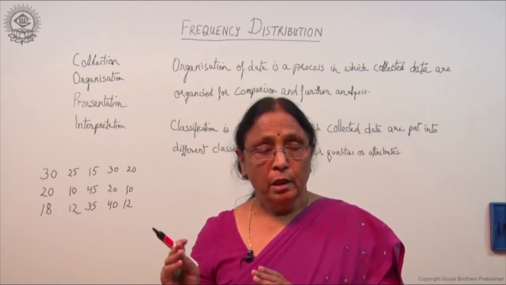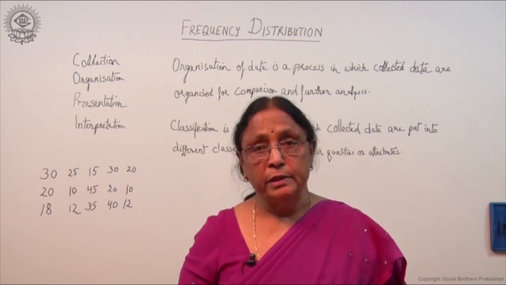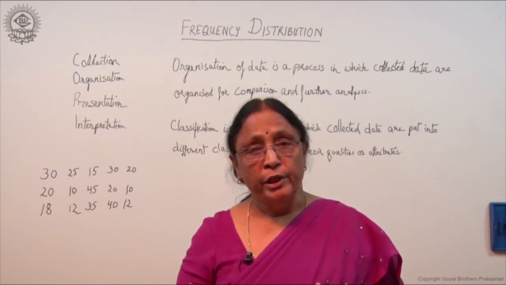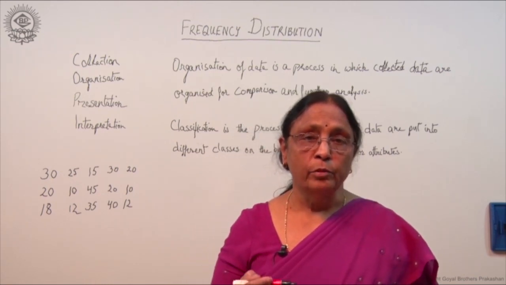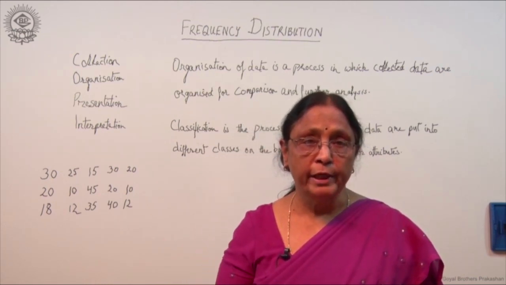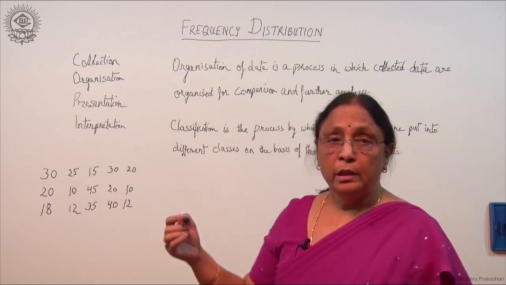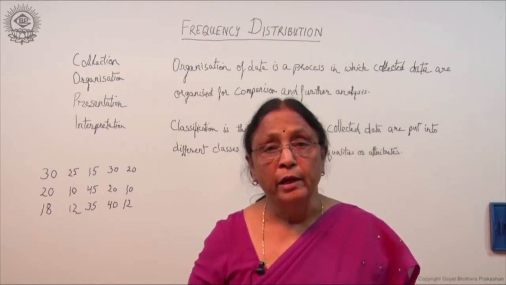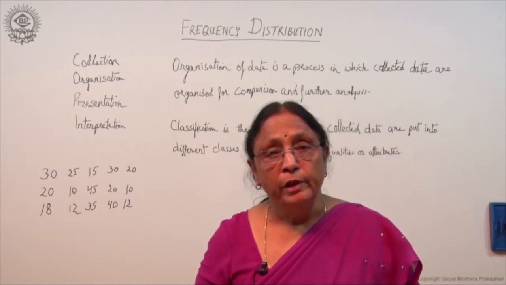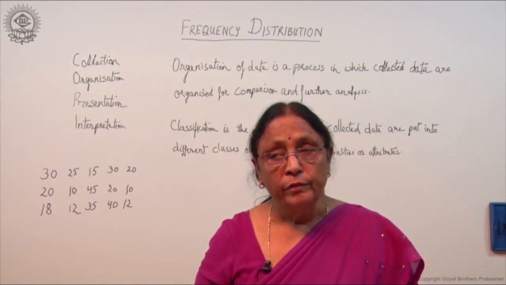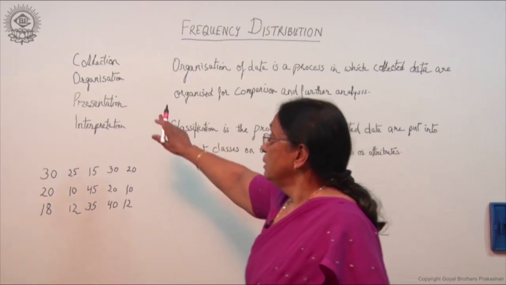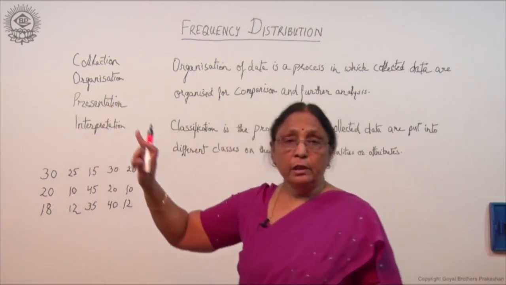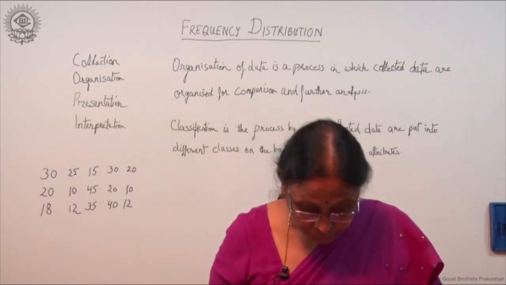You can categorize according to age group, or according to income group, the number of males and females living in different societies. Then you can say that this particular society has this type of people living, whether rich or poor. This way you can specify the collected data in a more descriptive manner.